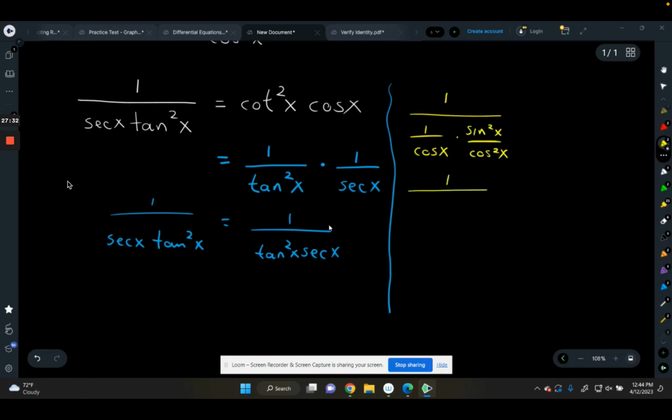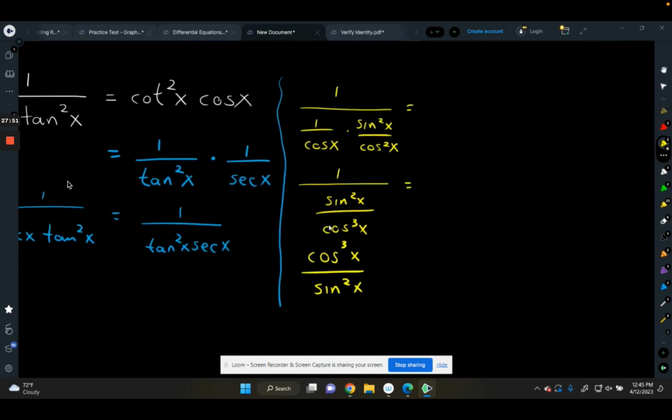Which gives me 1 over sine squared over cosine cubed, which equals cosine cubed x over sine squared x, right? So now I need to go work on the other side. It's so much harder, right?